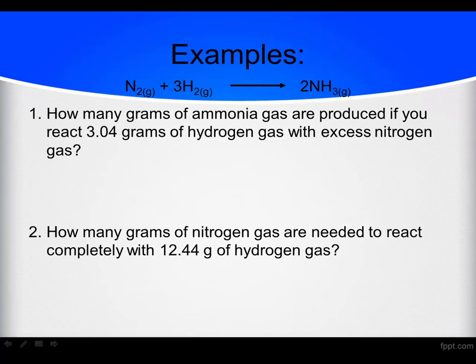All right. If I'm going to dissect the problem, and sometimes this helps, they're looking for grams of ammonia gas at the very end. So at the very end, I'm going to write grams of NH3. At the very beginning, they start us out with 3.04 grams of hydrogen.